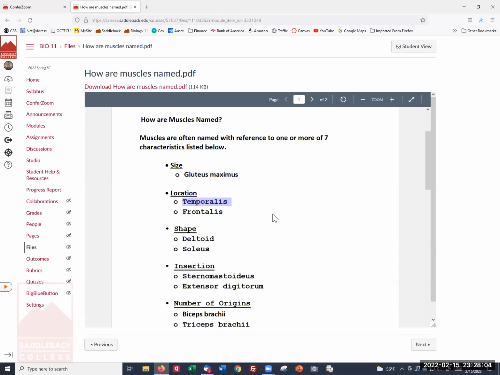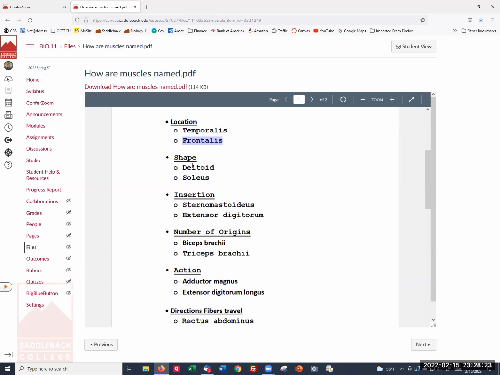You haven't seen that one yet, but you'll understand why it's showing the location. The frontalis, if you simply put your hand on your forehead, you've got most of it right there. That's the frontalis. So size and location. The shape of the muscle is often important.